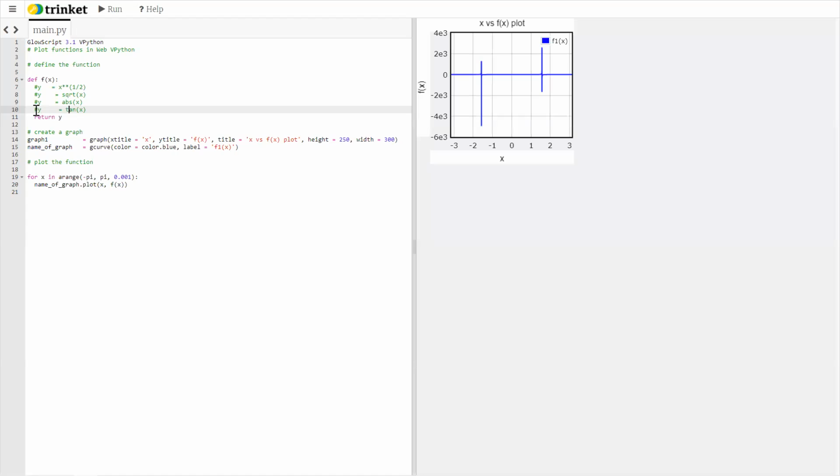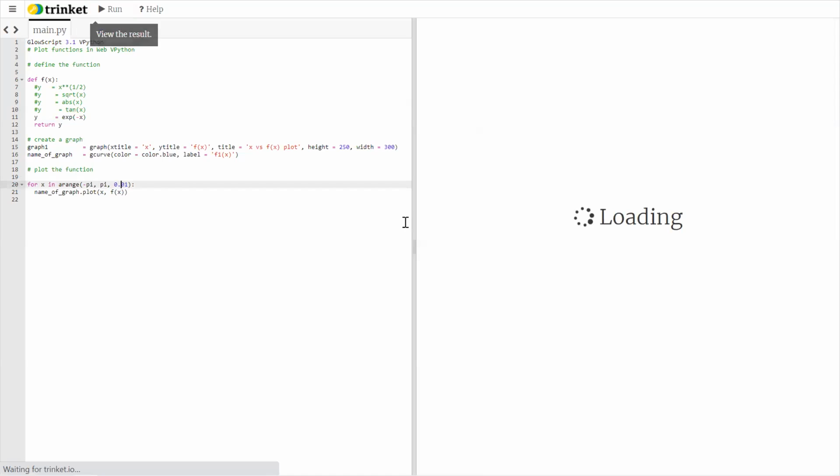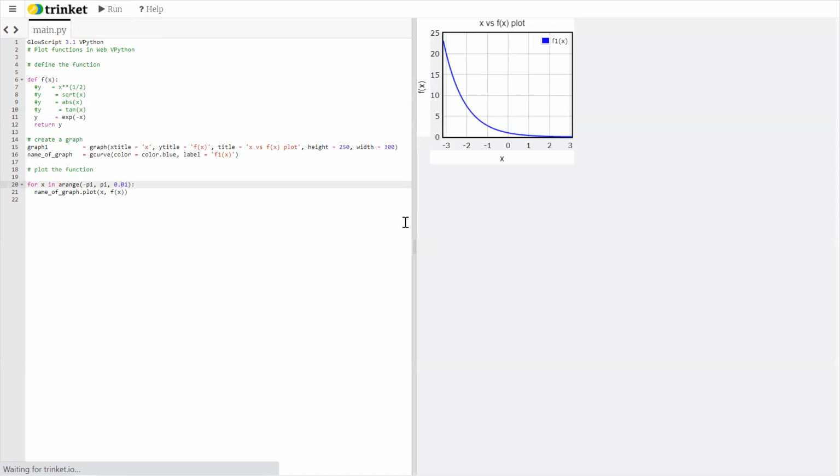What else? Exponential. So y is equal to exponential negative x. Maybe we go back to 0.01 step size. So this is the negative exponential function.